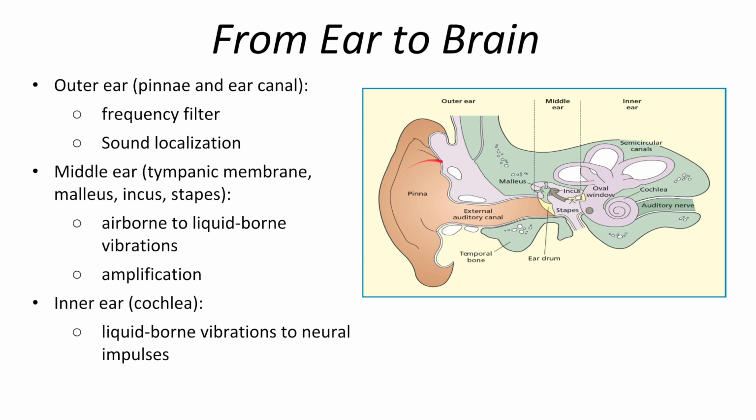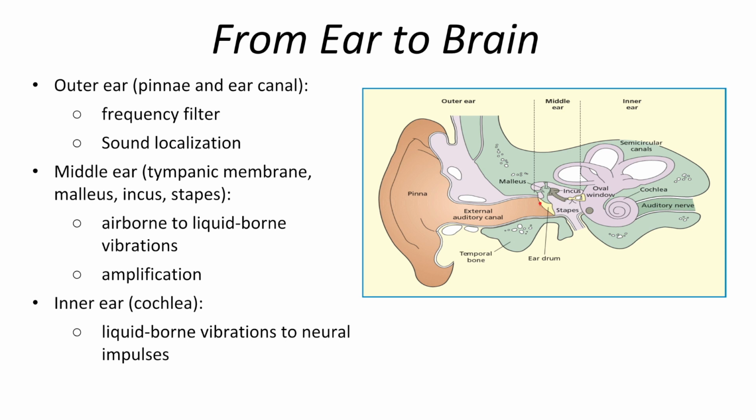So the middle ear begins with the tympanic membrane or eardrum, and then goes to the three small bones of the middle ear, the malleus, incus, and stapes. The small bones serve to amplify the vibrations at the eardrum. So incoming compressions will vibrate the tympanic membrane at the same frequency at which the compressions are occurring.